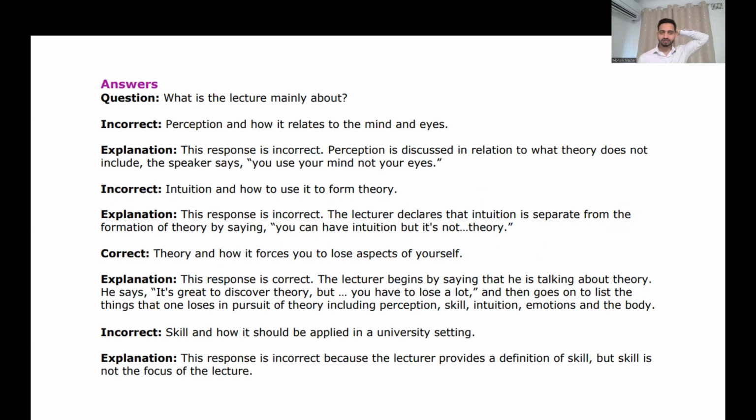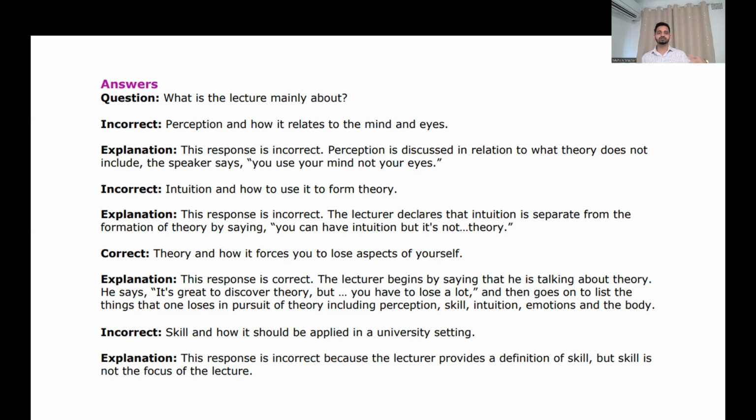So obviously we want to look for the prompt here, which says, what is the lecture mainly about? The first option is perception and how it relates to mind and eyes. This response is incorrect. Perception is discussed in relation to what theory does not include. The speaker says your mind, not your eyes.